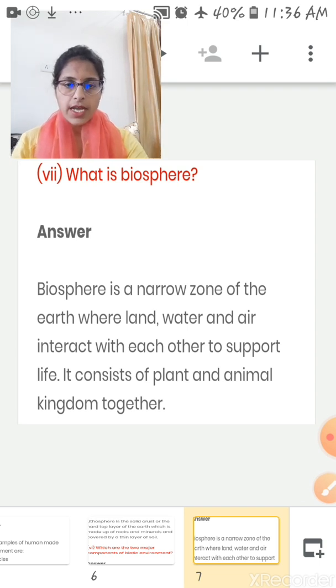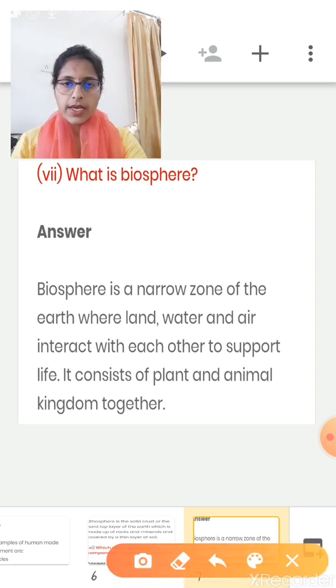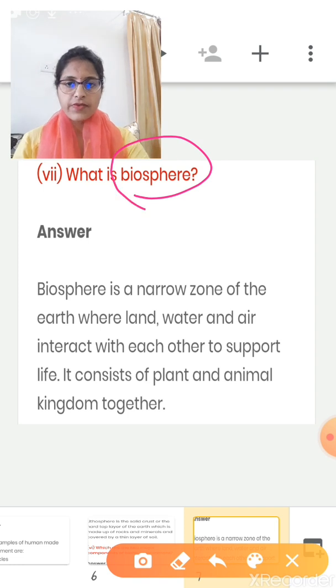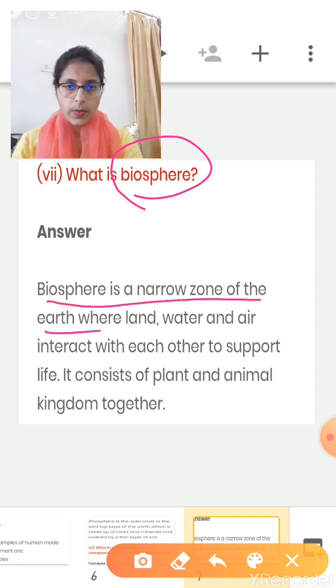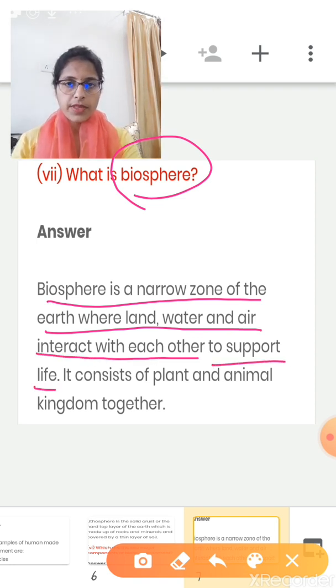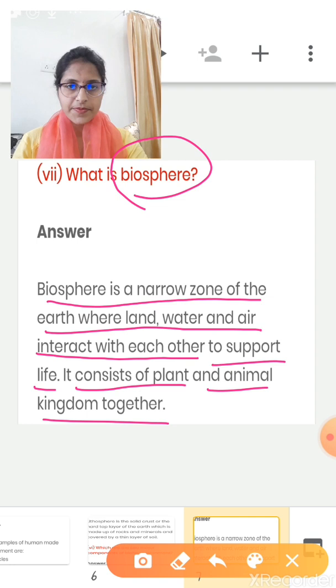So basically life exists only in this biosphere. Biosphere is a narrow zone of the earth where land, water and air interact with each other to support life, and it consists of the plant and animal kingdom together.